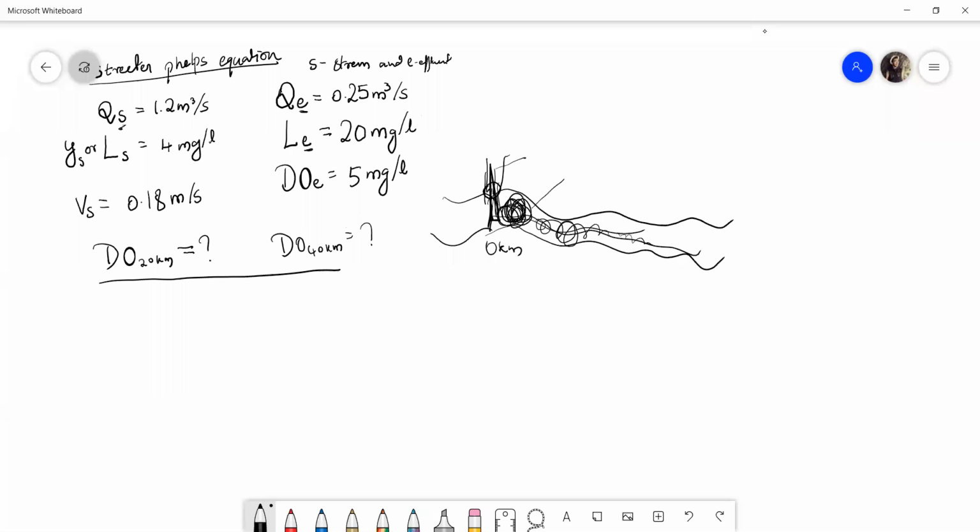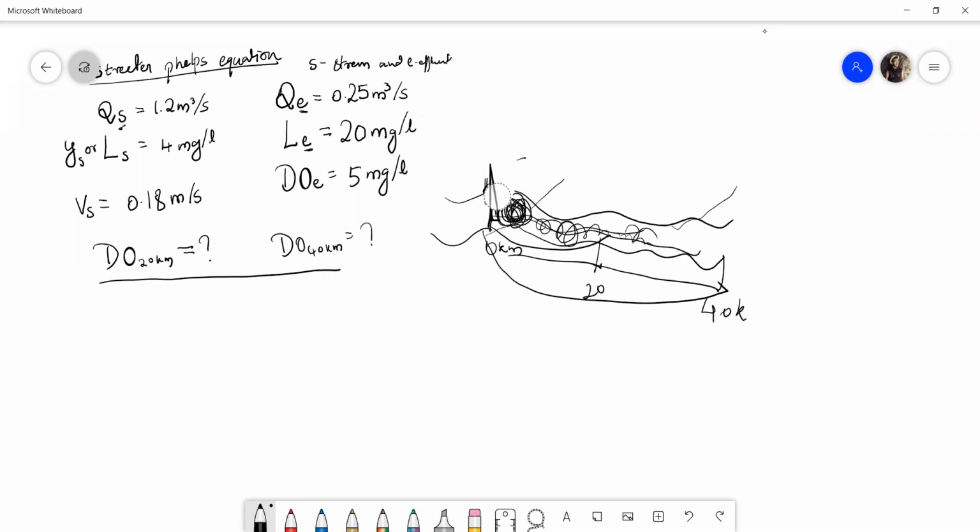The effluents get diluted in the stream, because the stream is larger in quantity than the effluent, and the dissolved oxygen again starts increasing after a certain point. So at 20 kilometers, what is the dissolved oxygen? And at 40 kilometers, what is the dissolved oxygen? We have to find out. So from 0 to 40 kilometers and 0 to 20 kilometers, what is the dissolved oxygen that we have to find out?